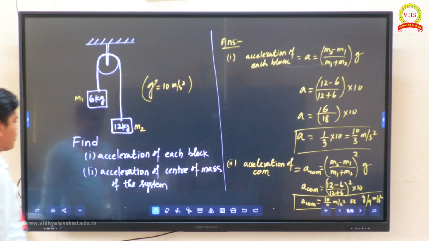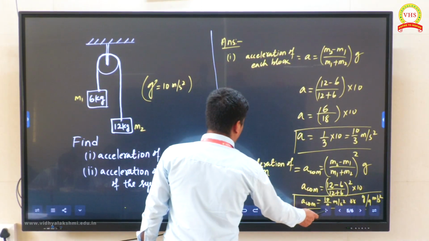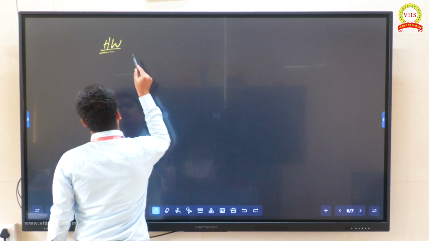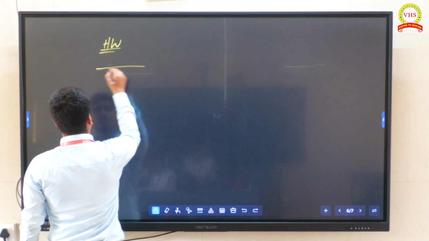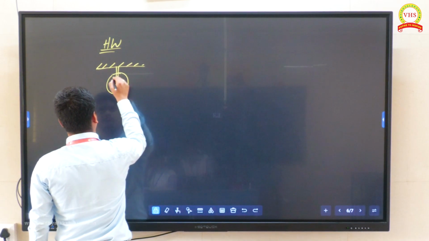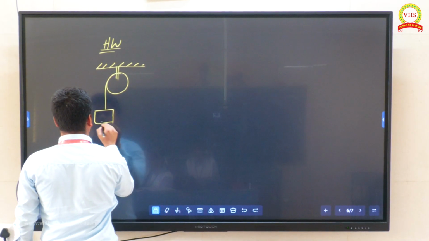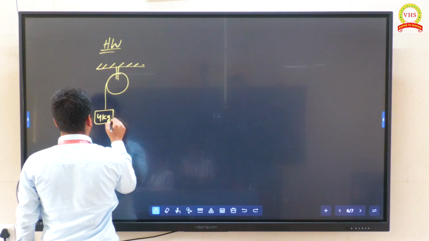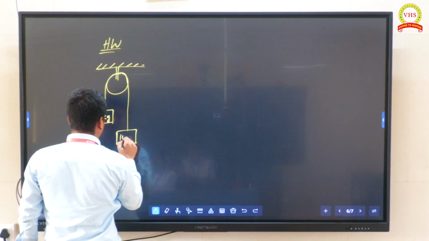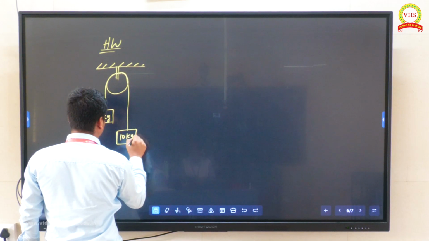Okay. So now you take one homework and try to solve this. Here one system is there. In this system I have one 4 kg block here and one 10 kg block here.